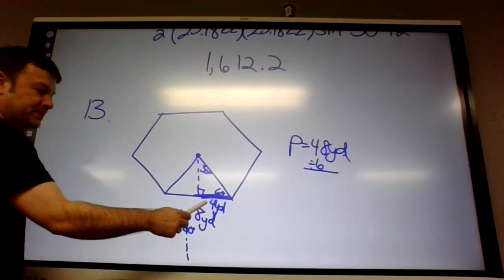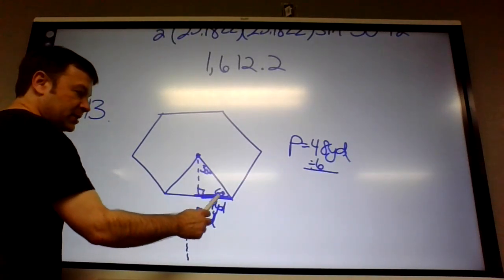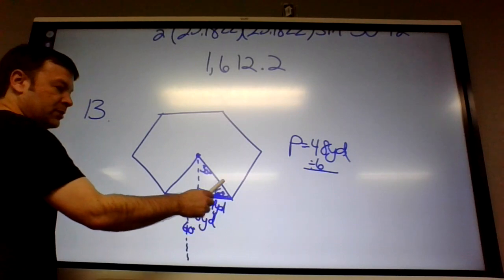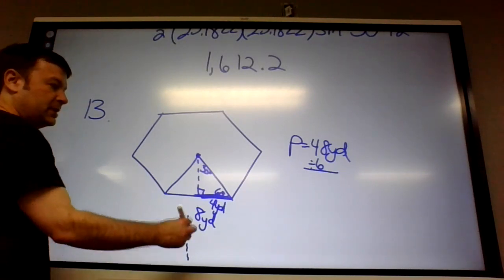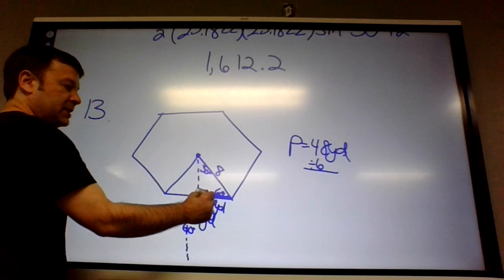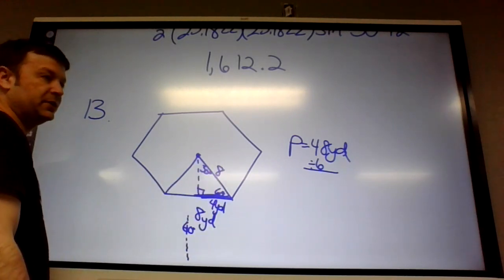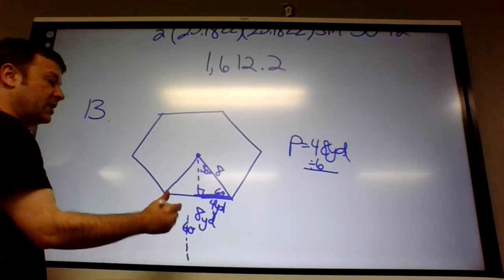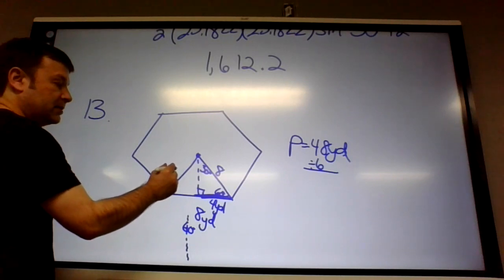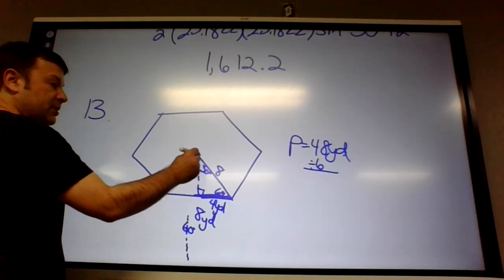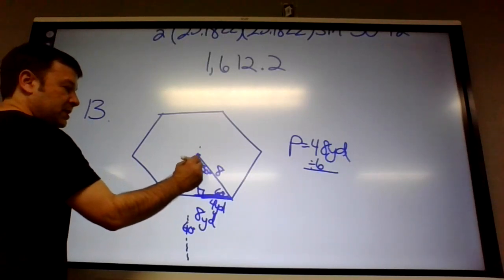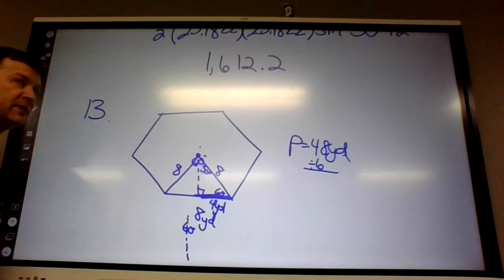If the short leg on a 60, 30, 90 is 4, what's the hypotenuse? 8. The short leg to the hypotenuse is just double. You could use trigonometry to figure it out if you didn't know, just like we did on the other two, but it's a little bit faster if you use 8. So the central angle was 60, and we have 8 and 8.